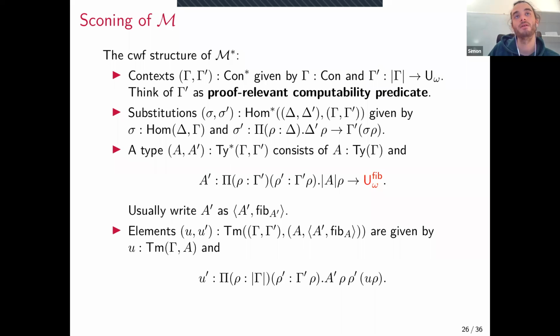A type in context gamma, gamma prime is also a pair where we have first a type in M over gamma, and, this is a typo, sorry, this should be bar gamma here, given a closed instance rho of gamma, given a proof, so the prime stuff should say that rho is computable, then we have a predicate on the closed instances of A. And this should also be fibrant.